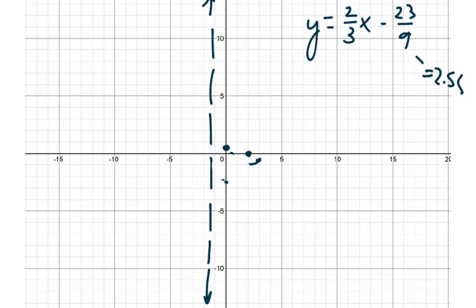I'm going to erase that. I don't want to trace it because then I have to go through it. But again, that'd be up 2 and over 3. So my point's going to be right there. Up 2, over 3, I'm going to have a point right there. We can go the other direction as well. Down 2, this way 3.